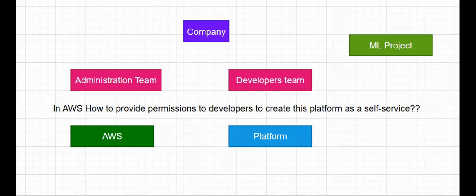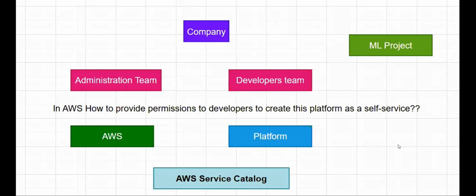In this scenario, AWS comes up with a service, that is AWS Service Catalog. What is that service? AWS Service Catalog. By using this service, the administrative team, so let's have a question, how does this AWS Service Catalog solve this problem?